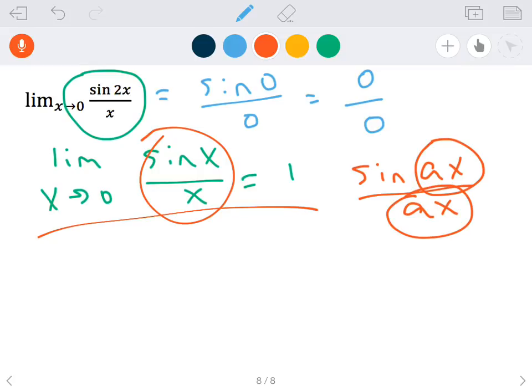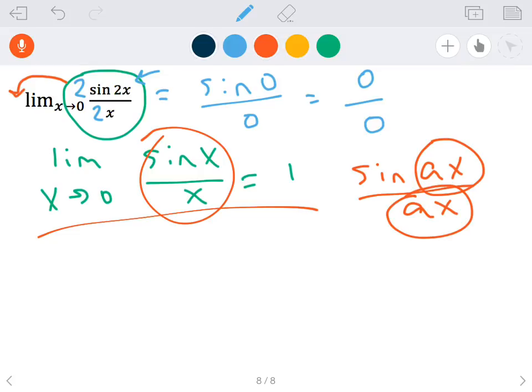And so here, with the sine of 2x over x, if there was a 2 here, then I could apply that limit. I can put a 2 there if I'll balance it out. If I put a 2 on the bottom, I've got to put a 2 on the top. And the other thing I know is that I can pull constants to the front of a limit.